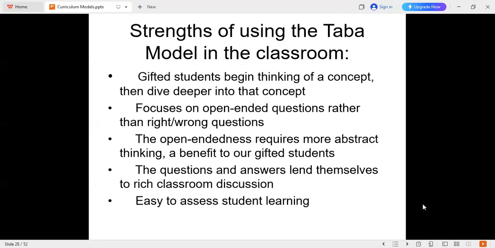According to some criticism, it favors gifted students. It focuses on open-ended questions rather than right-wrong questions.